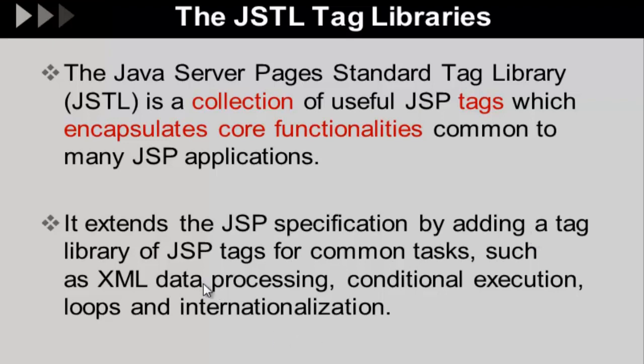When do we use it? If you want to process XML, if you want conditional execution or internationalization. What is the meaning of making it an internationalized page? It is to have country specific information. For example, every country has its own currency, its own unit of measurement. In India we use the MKS system, meters, kilometers and seconds.